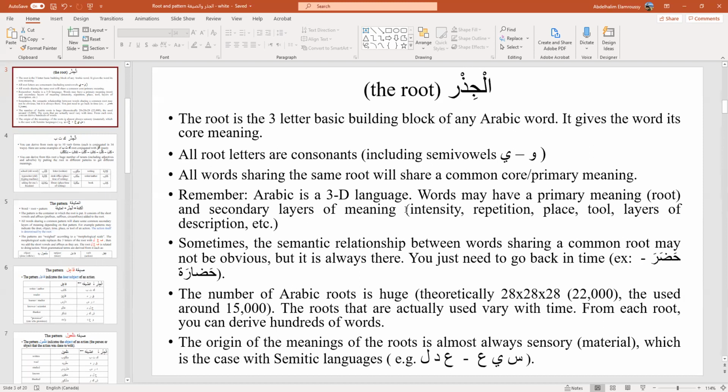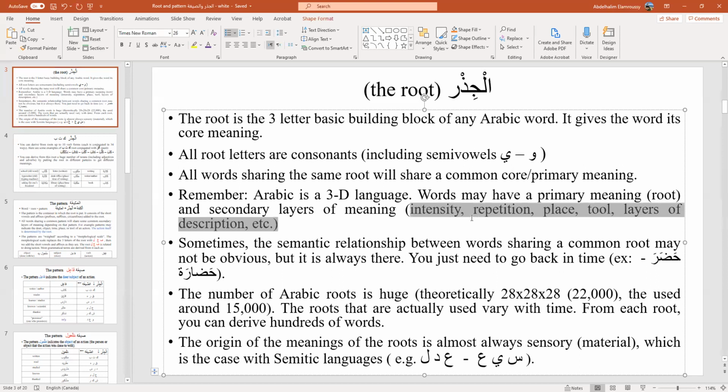The root indicates the core meaning of the word, the action that this word is about, whether it's an action or something else. And then we'll have the pattern, which indicates secondary layers of meaning, including intensity, repetition, the doer of the action, the object of the action, the place of the action, the tool of the action, the layers of description of the action, etc.